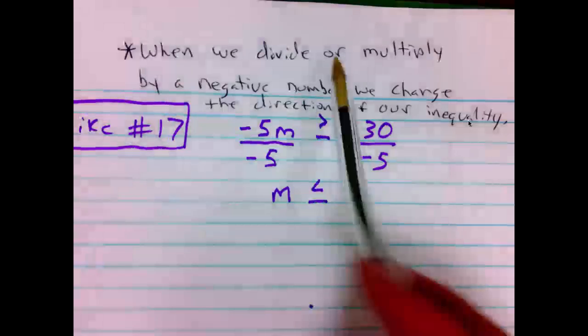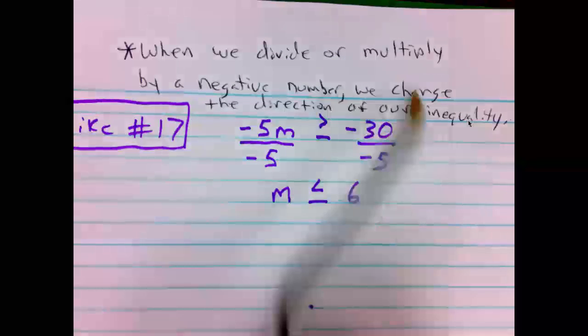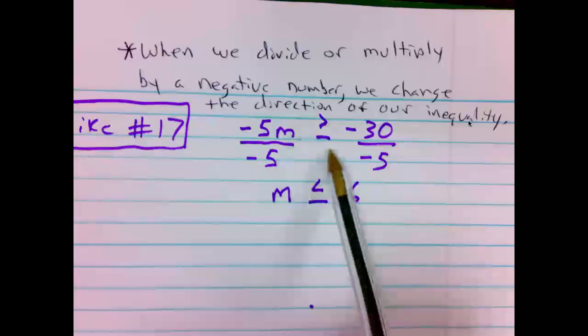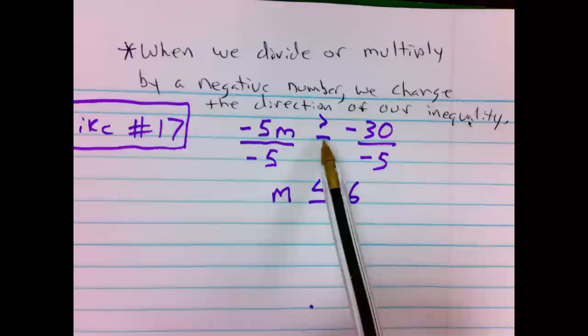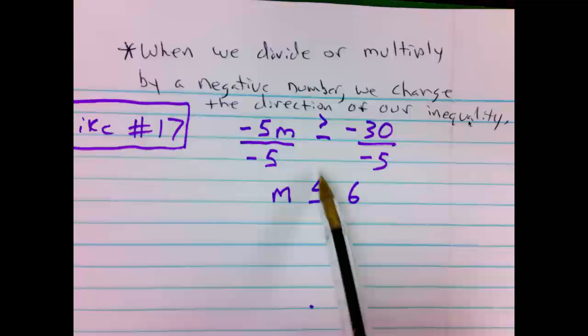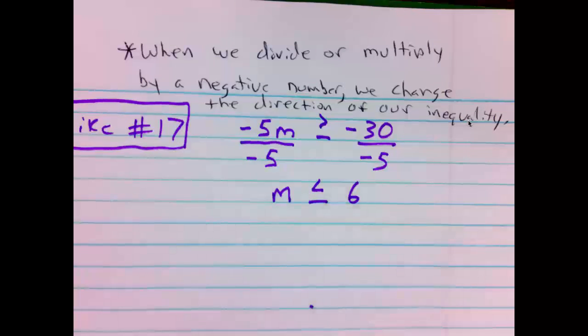When we divide or multiply by a negative number, we change the direction of our inequality. The inequality is the greater than or less than symbol. Here it's greater than or equal to. Since we divided by a negative, we change the direction to make it a less than or equal to.